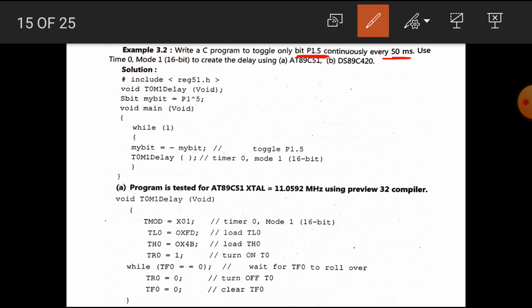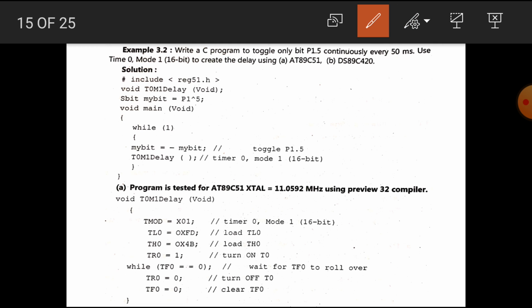The delay is 50 millisecond and we have to use the timer 0 and mode 1. We know that for timer 0 and mode 1 we have to give the value 01 to the TMOD register. Okay, we have already seen this value in the previous video lecture.